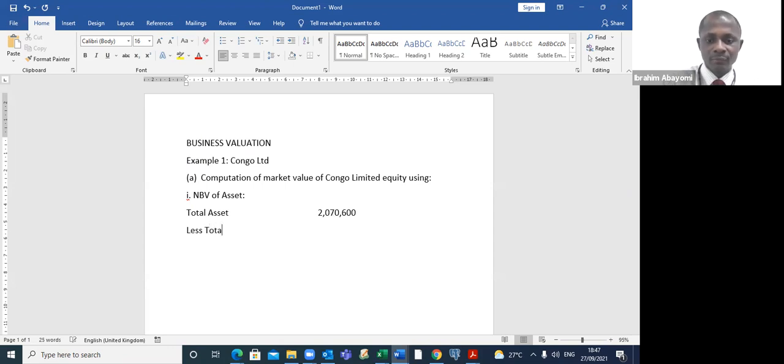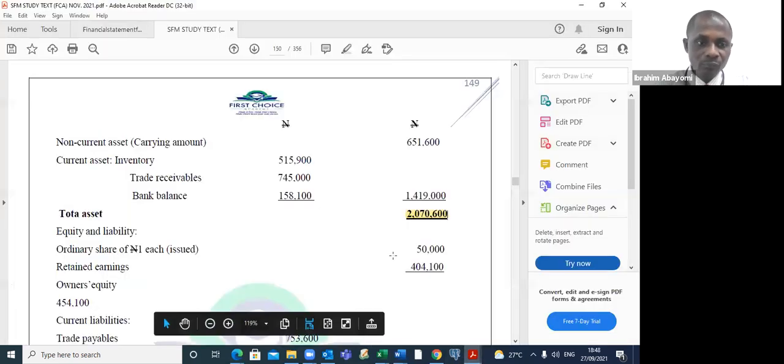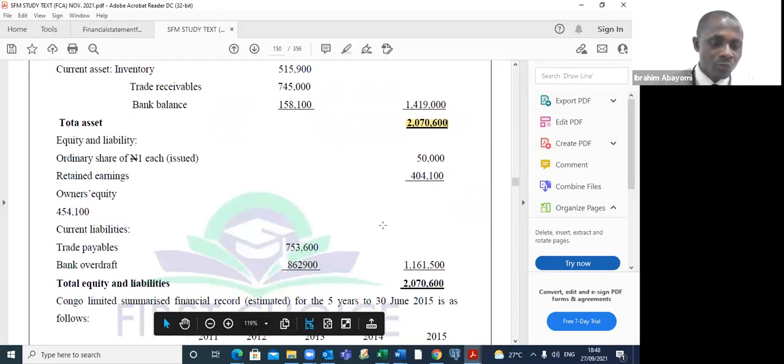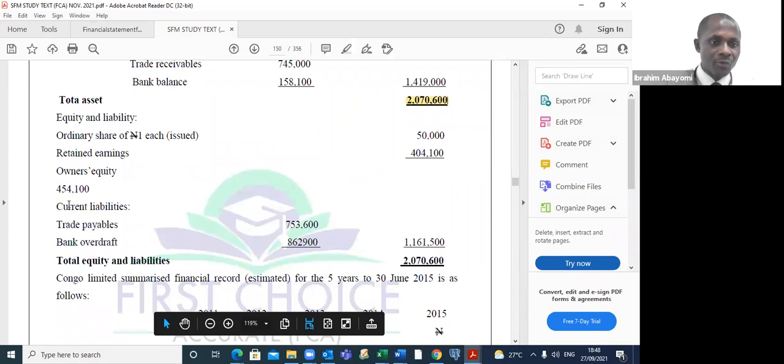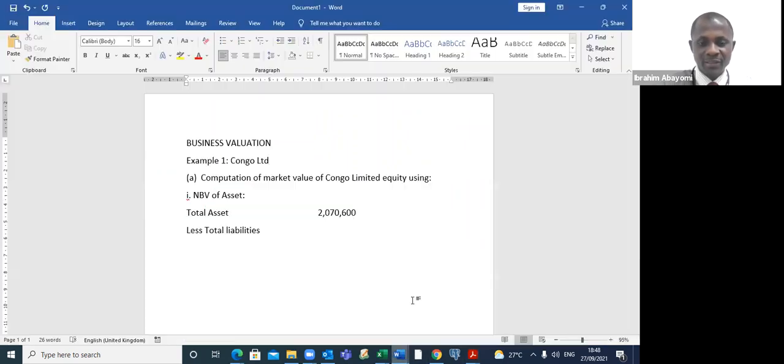Less total liability. What's our total liability? Scroll down. Where do we have our total liability? Current liability, trade payables and overdraft, which is 116,500. Pick it.